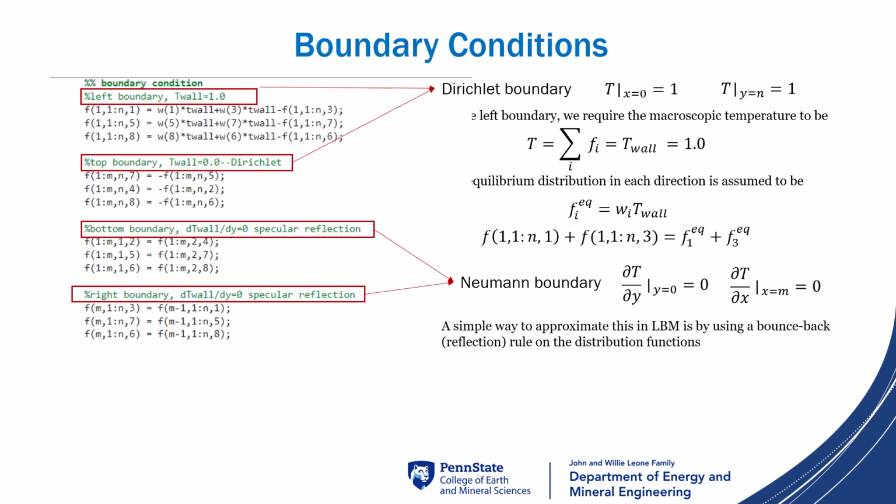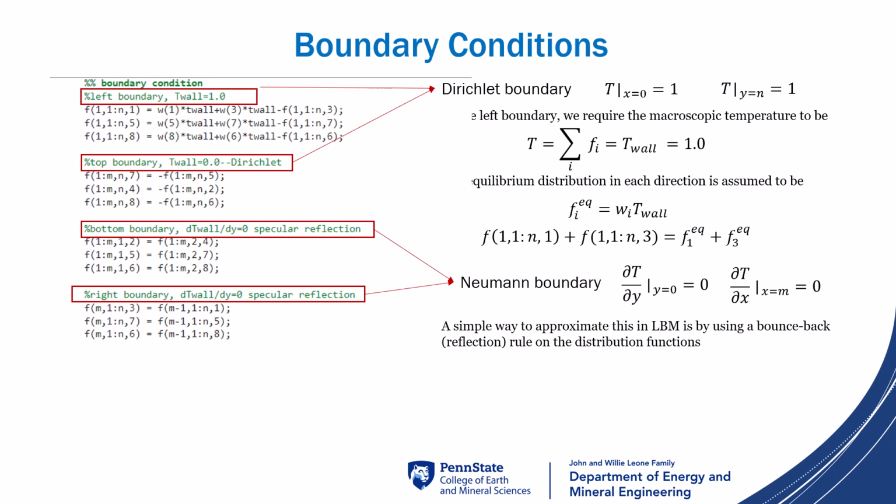This creates a situation where the incoming energy is effectively 0. So, for instance, the incoming distribution in direction 7 is set equal to -1 times the outgoing distribution in direction 5. That negative reflection ensures that the net incoming energy is cancelled, maintaining a boundary temperature of 0.